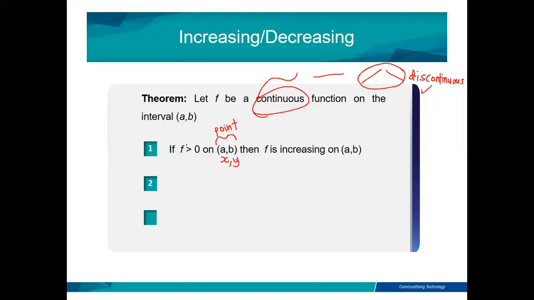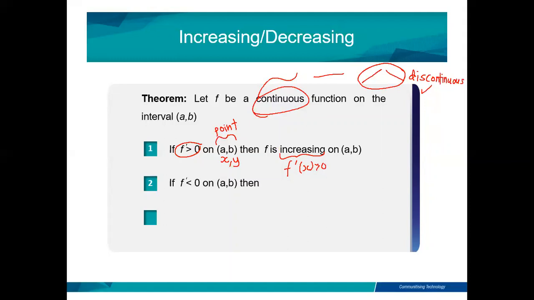Then the function is increasing on the interval AB. If the first derivative is greater than 0, the function is known as increasing. That is, f prime x greater than 0.